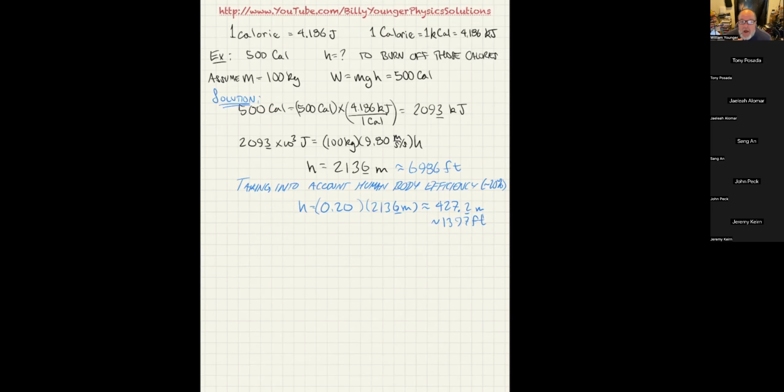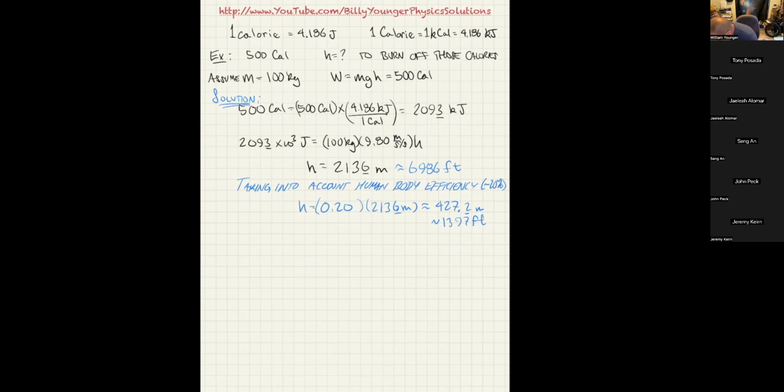That means if your body needs to put out, let's say, 1,000 calories, your body is going to have to take in enough calories so that only 20% of that is 1,000. So if you divide 1,000 by 0.2, that would be the total number of calories you put in.